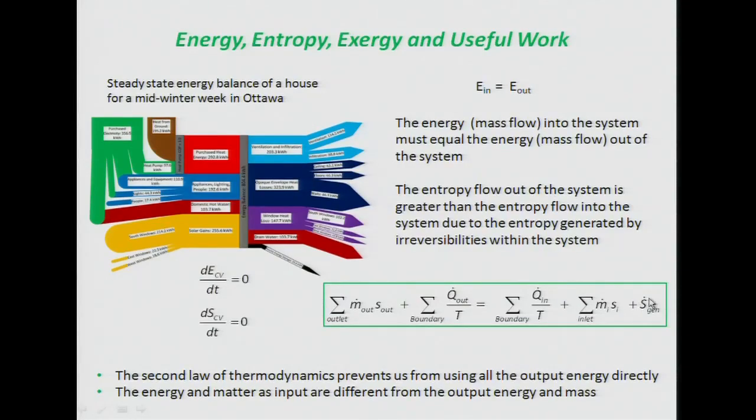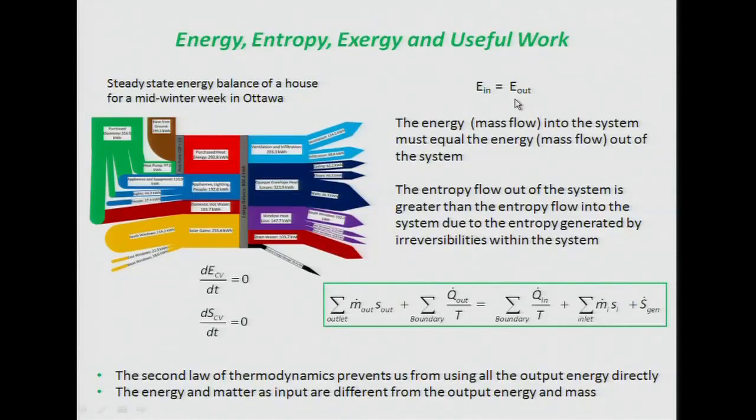And we know that this entropy generated here has something to do with irreversibility in the system, and that we have a sense that the larger the irreversibility, perhaps the more inefficiencies there are in our process. Is there something that we can do about that? Okay. And just to say, if we could just reuse all the output energy, we wouldn't have any problems whatsoever, right? We'd be in great shape.